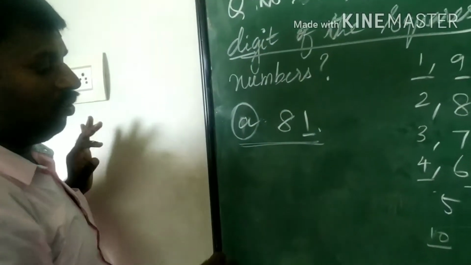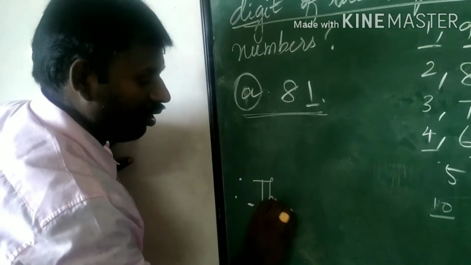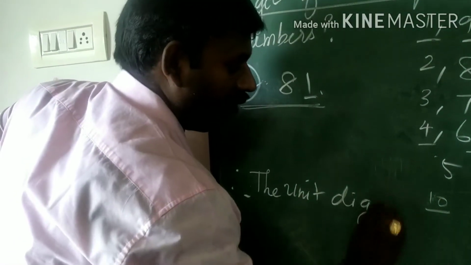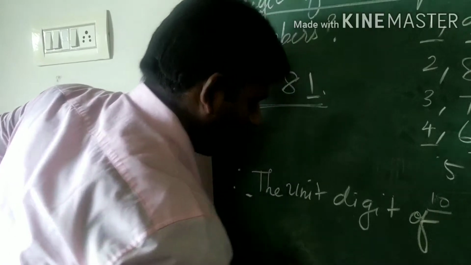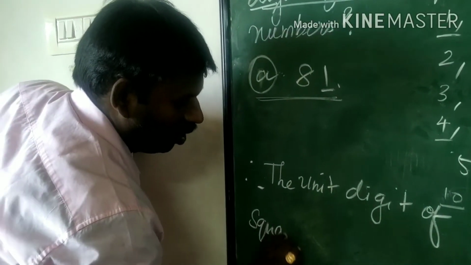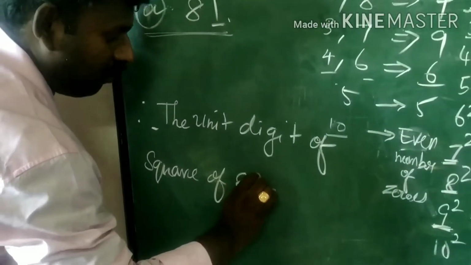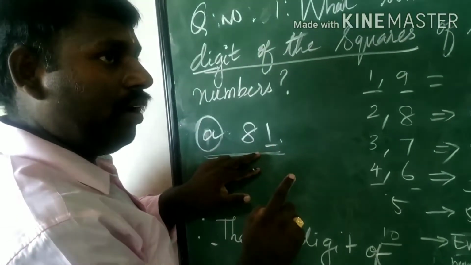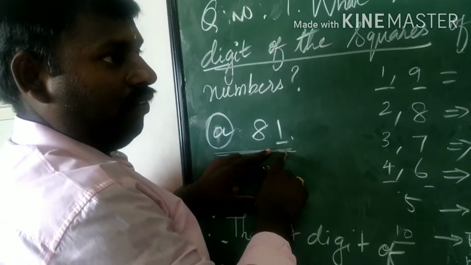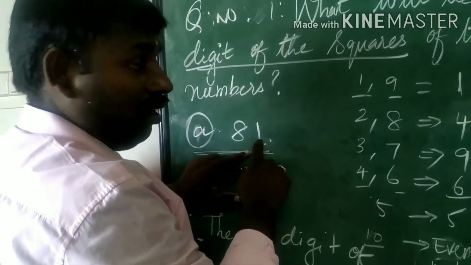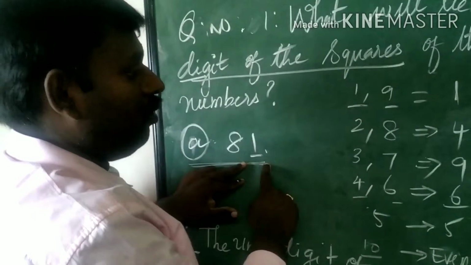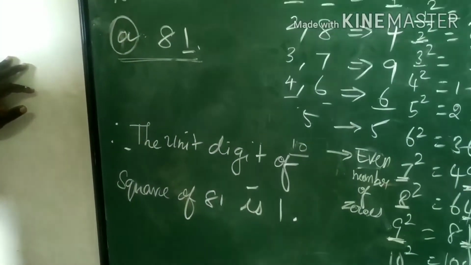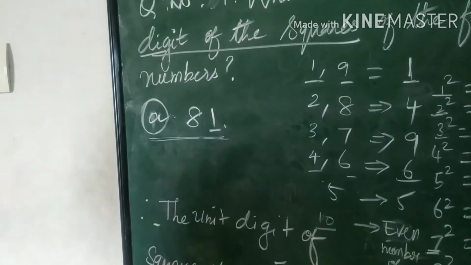So you simply write: the unit digit of the square of 81. I always say, if any number ends with 1, the corresponding square always ends with 1. So it is 1. Is it clear now? Good.